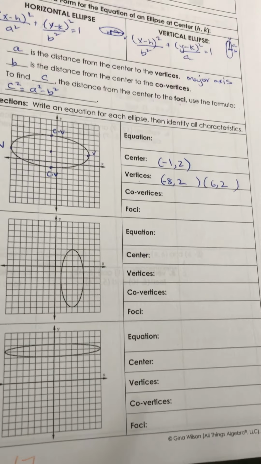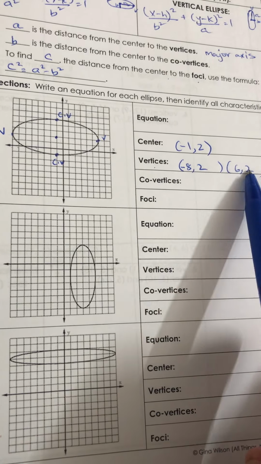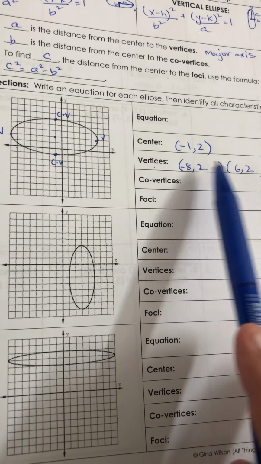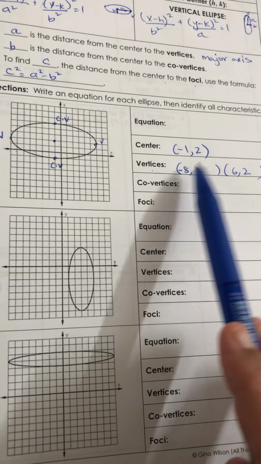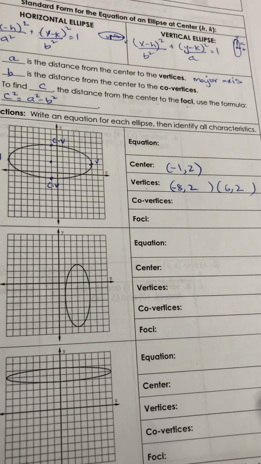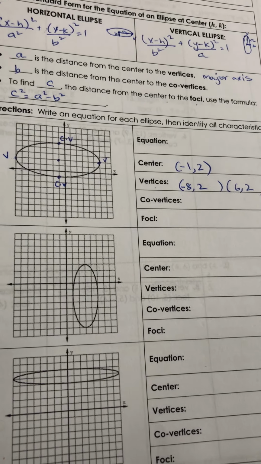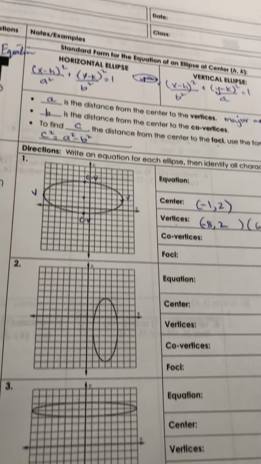One thing we have to know is that if the y coordinate remains the same, then those points are on the x-axis. If the x coordinates are the same, then those two points are on the y-axis.